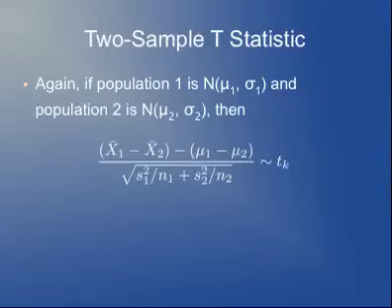The advantage being that in general you won't know sigma1 and sigma2, but you can estimate s1 and s2 using the data, so you can calculate this even if the population standard deviations are unknown. The one wrinkle here is I just say t distribution with k degrees of freedom. What's k?